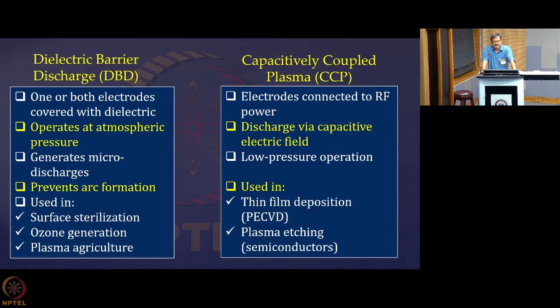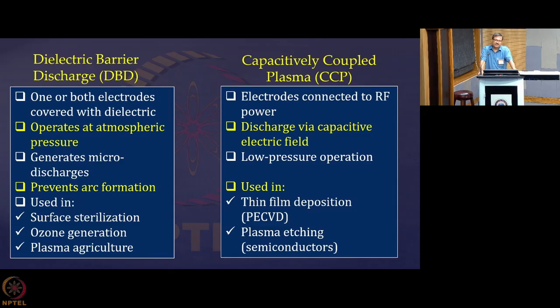Whereas in the CCP, the electrodes are connected to the power directly, and they discharge via a capacitive electric field, and low pressure operation is a necessity in these devices. They are used in thin film deposition like PECVD and plasma etching.